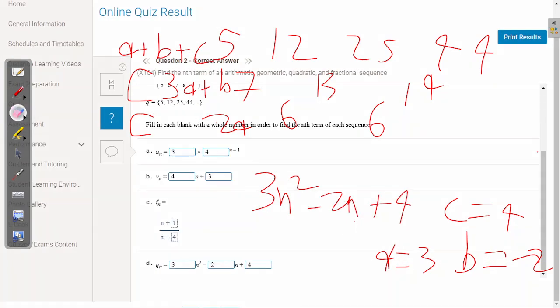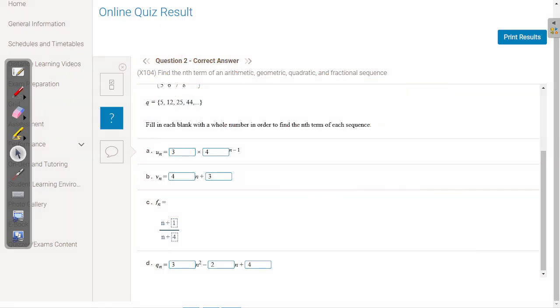There are also rules for cubic sequences, which I think they're gonna post. Actually, I'll make an example right here for cubic.